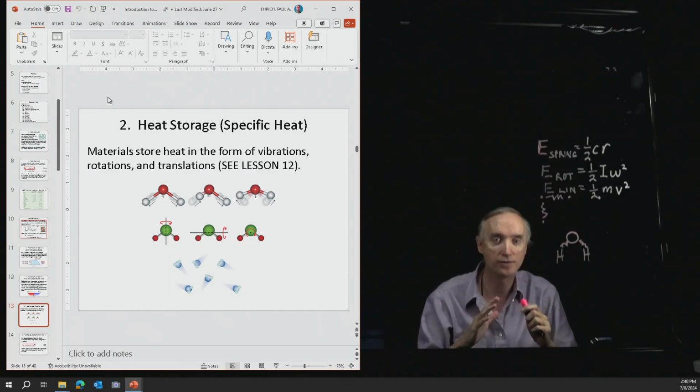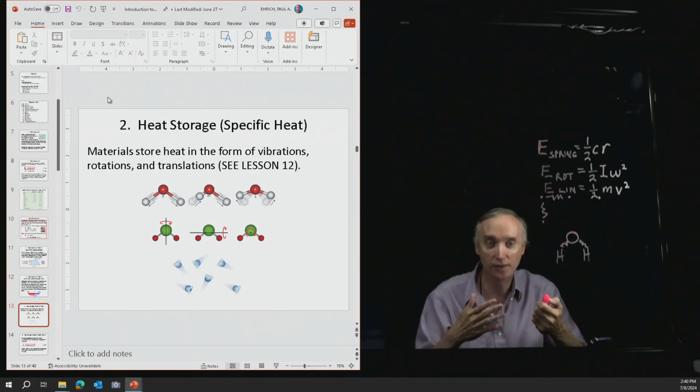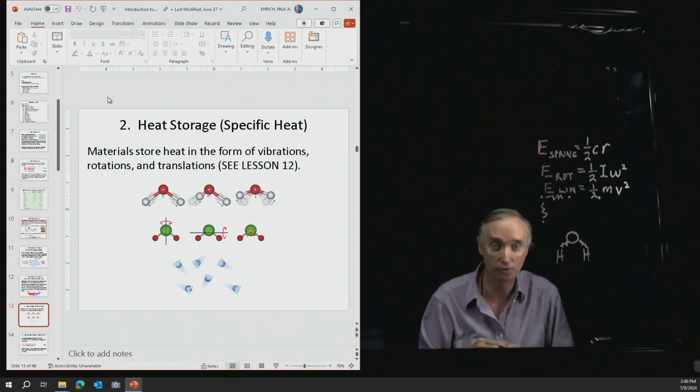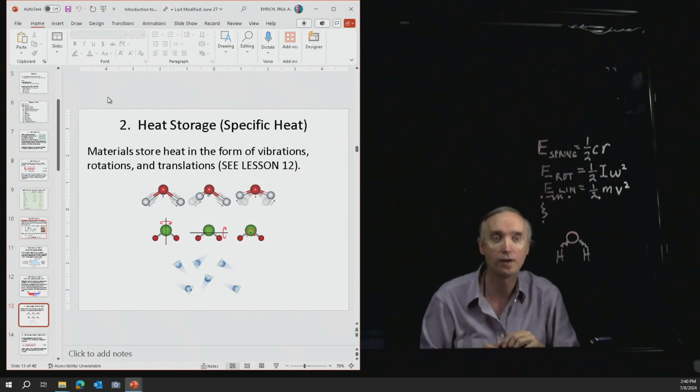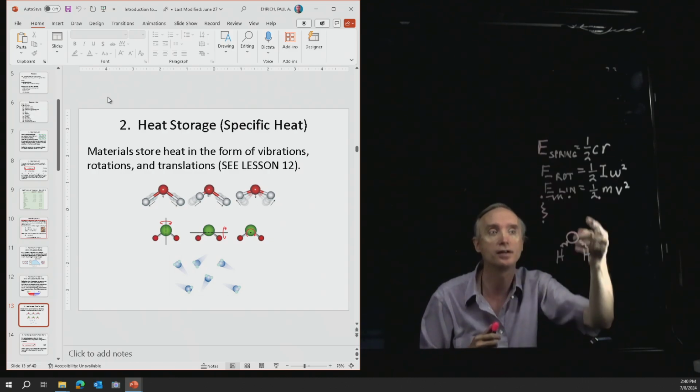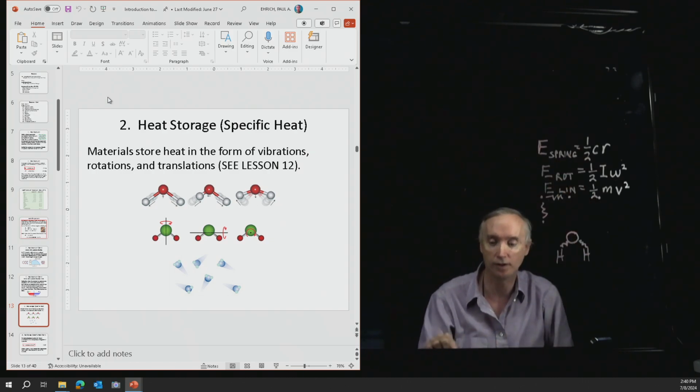So water has one of the highest specific heats, and that is the amount of energy that a particular substance can store as you increase its temperature. And water has one of the highest specific heats because it's got all of these different ways of storing energy.